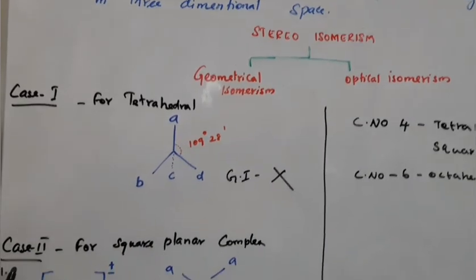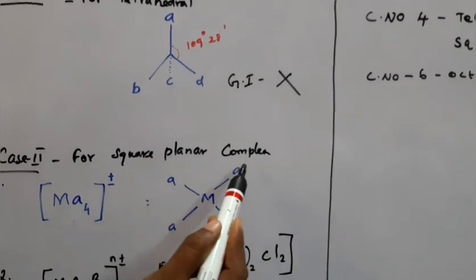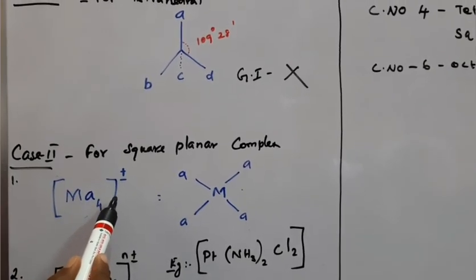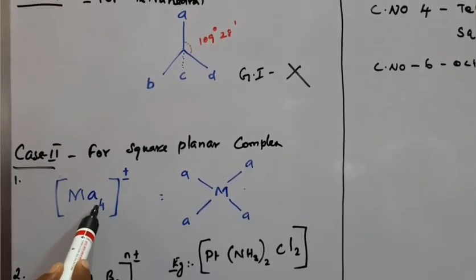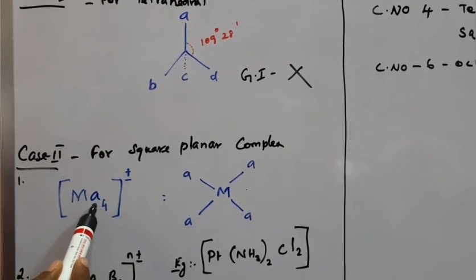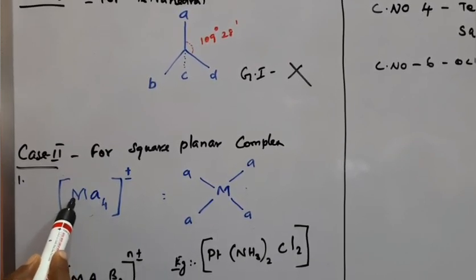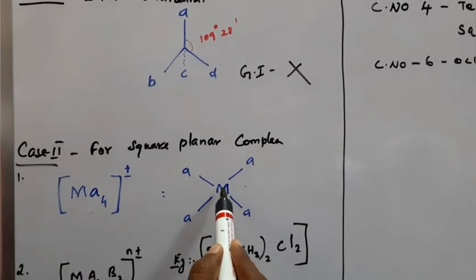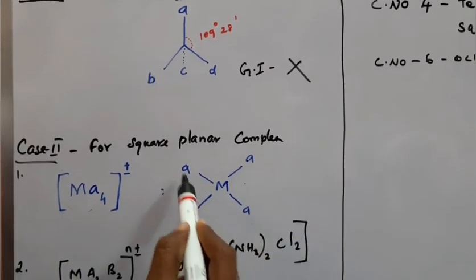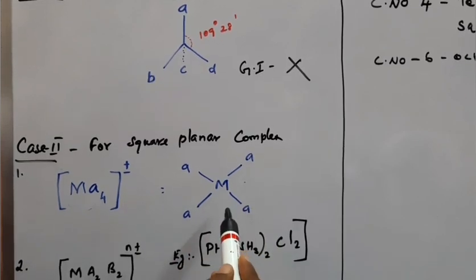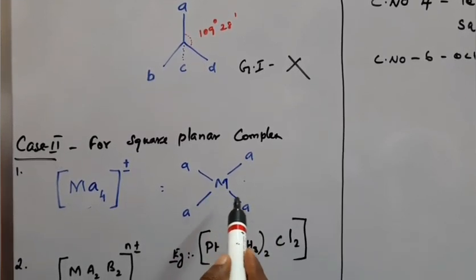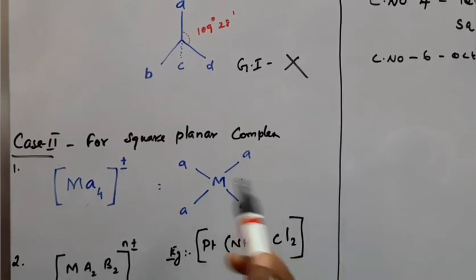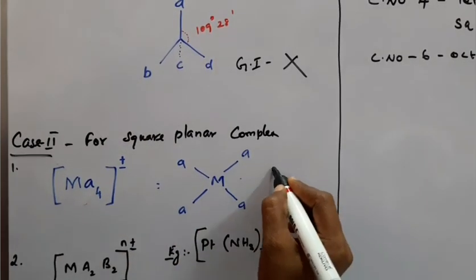Case 2 is the square planar complex. Suppose MA4 plus or minus. Here A represents 4 ligands, coordination number 4, directly attached to the central metal atom, and all the ligands are the same. One thing we notice is that for homoleptic complexes we cannot see geometrical isomerism.